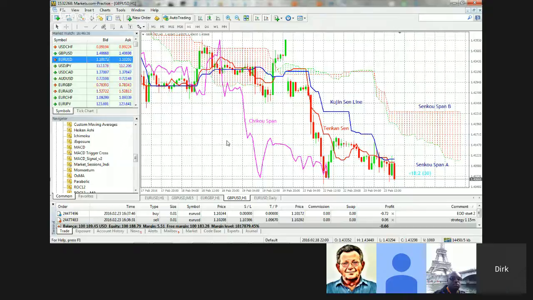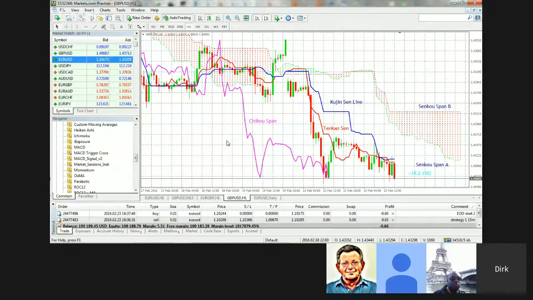Now, the Ichimoku signals are explained in more detail in the Ichimoku PDF that we have put together for you guys in the course content itself as well. Now, let's run through just what each line does and where it's situated and how it works. And then we'll slowly look at each different entry signal that the Ichimoku produces. There's 5 entry signals that get generated.